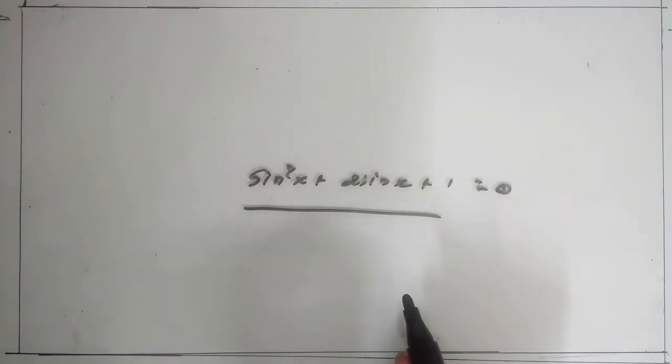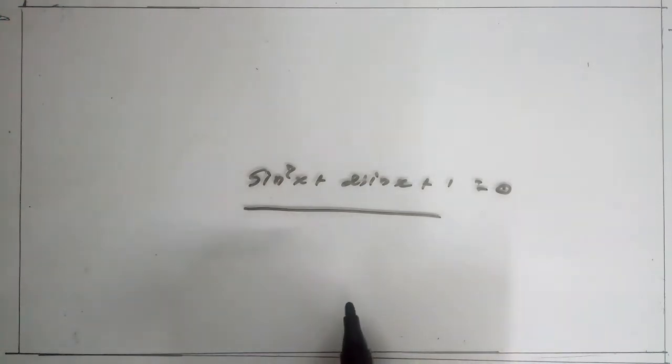Now here we discuss the solution of a trigonometric equation. There are two types of solution: principal solution and general solution.